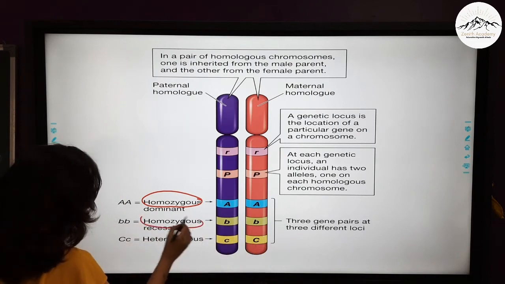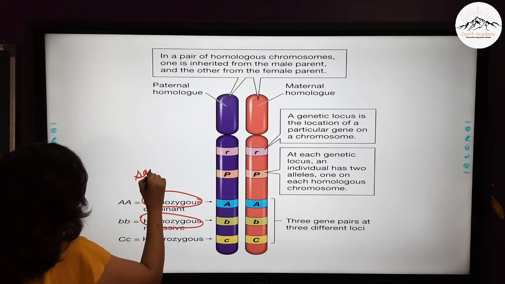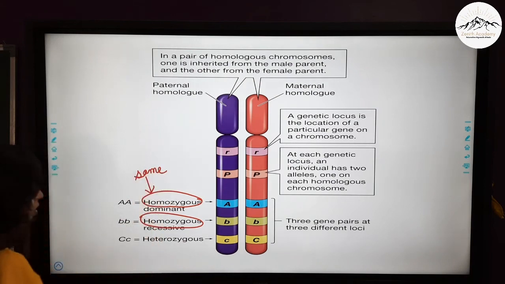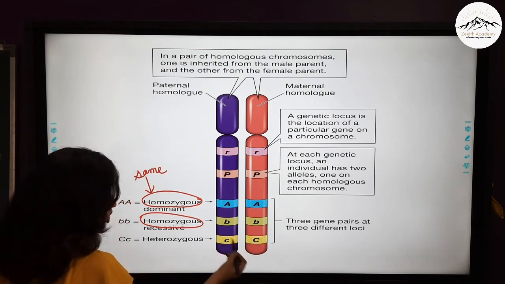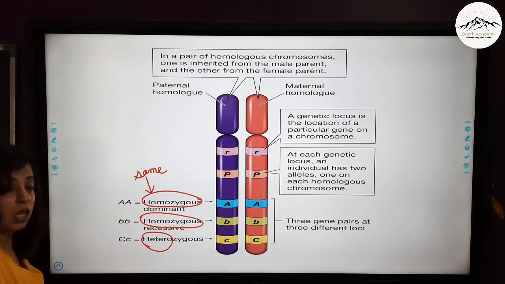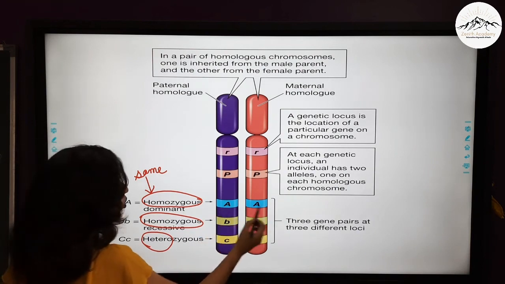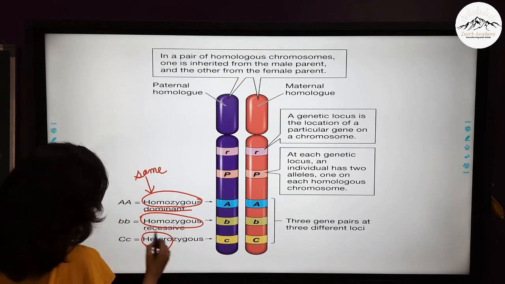So homozygous. Homo means same and zygous means type. Now here you can see there is a capital C and here there is a small c. So this is heterozygous. Now you can see both are capital, so it is dominant. Both are small, so this is recessive.